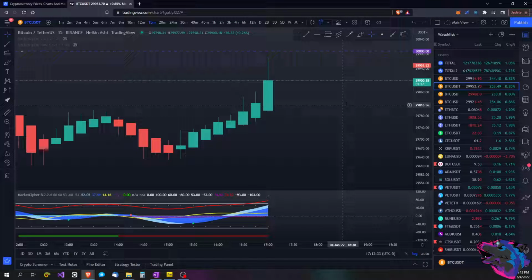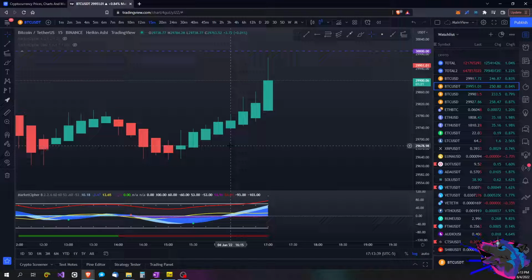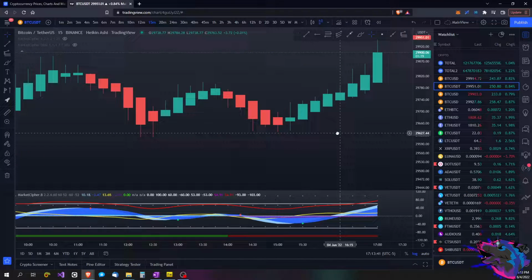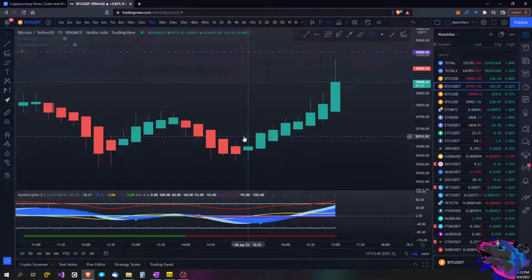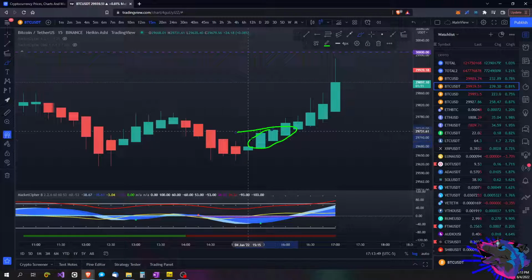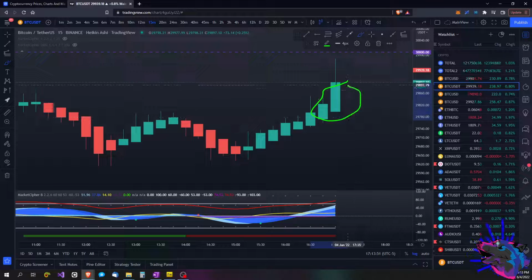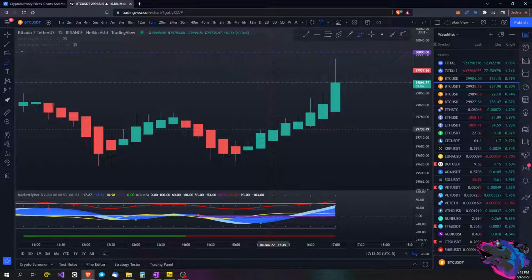And when you're looking for a bullish trend, obviously you want to see nice big green bodies. The bigger the body, the bigger the move.